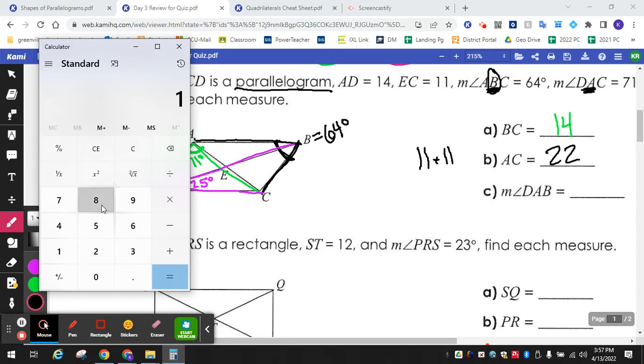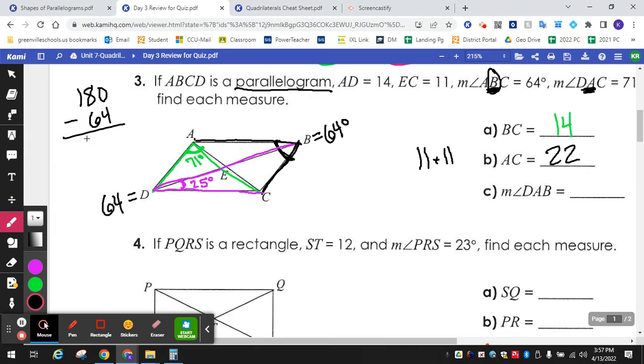Been a long day. 180 minus 64 is 116. So all of angle A is 116, and the opposite is true too. Opposite angles are equal, and these add up to 180. If they're on the same side of your shape, in a parallelogram or any of the shapes, they have to add up to 180.